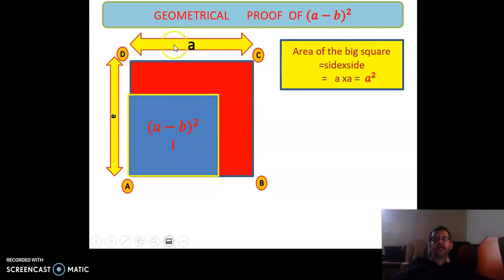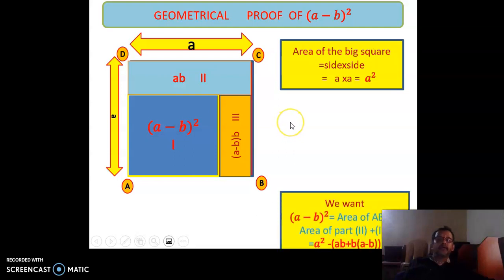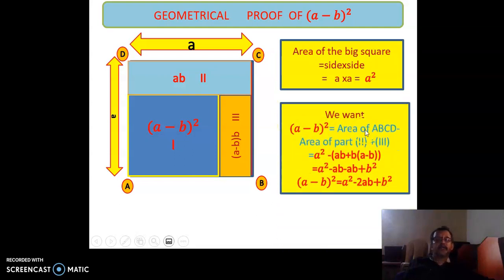We have to subtract these two parts from a squared, isn't it? If you subtract these two parts from a squared, then you will get (a minus b) whole squared. This is a, this is b, so this area is ab. This is a minus b, this is b. So the area (a minus b) whole squared equals the area of ABCD, that is a squared, minus the area of the second part, minus the area of the third part.